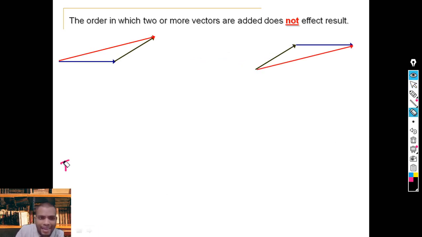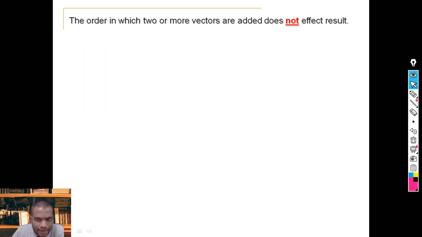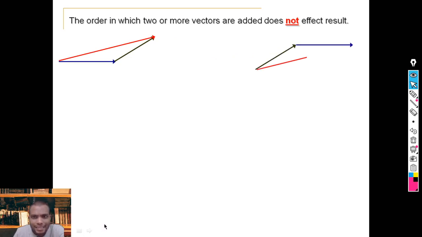Suppose you want to add B bar to A bar. In the first case we added A bar to B bar, and now we add B bar to A bar, and both give the same result. In the second example, suppose this is B bar and this is A bar.